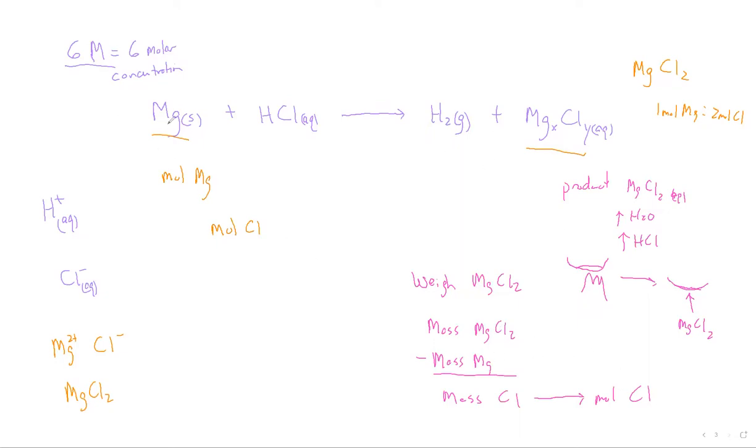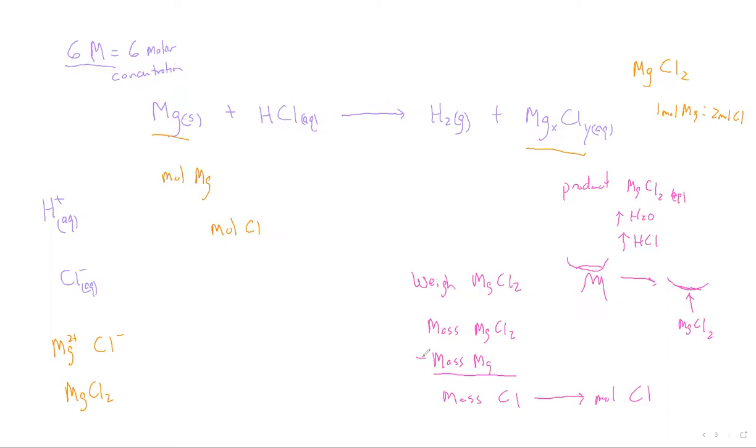All right, you have the mass of magnesium right from the start, because we're going to weigh this. And then we're going to do this reaction until all the magnesium reacts. We're just going to keep adding acid until all the magnesium reacts. And so the moles of magnesium is established based on its weight, and it's going to completely react.